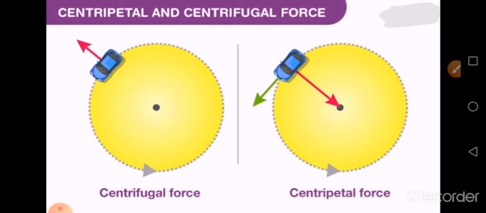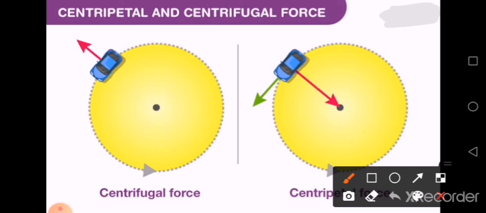Now centripetal force is a force that acts on whatever body is performing a circular motion, directed inward or towards the center of the circle. This type of force which is acting towards the center of the circle, you call it the centripetal force.